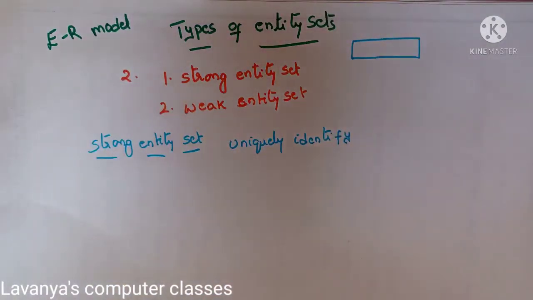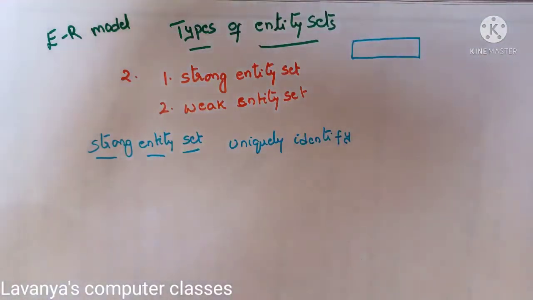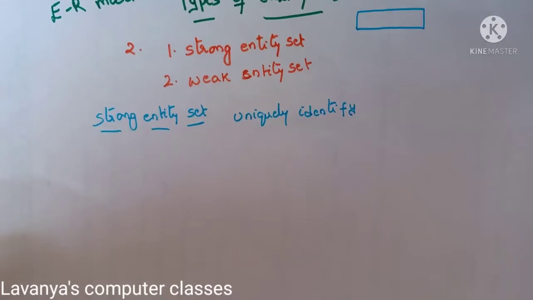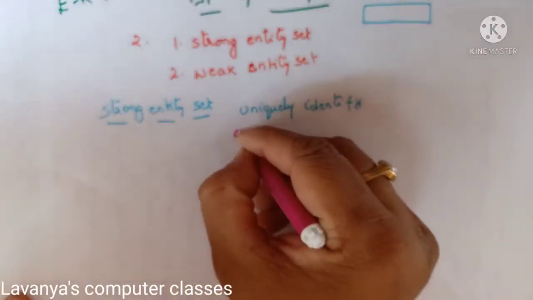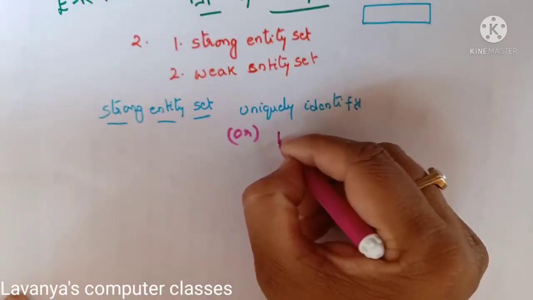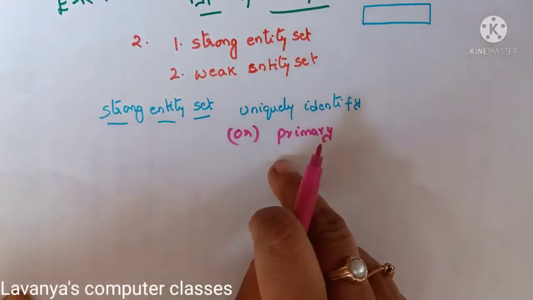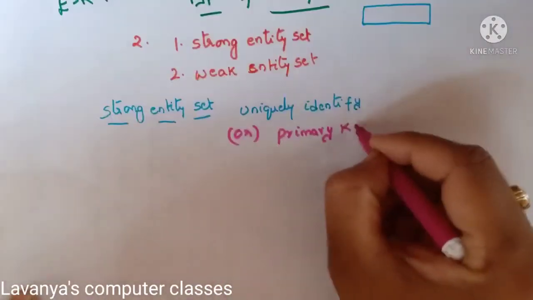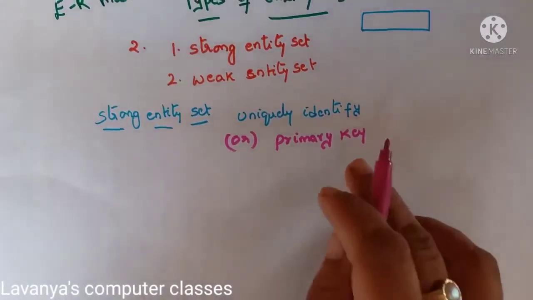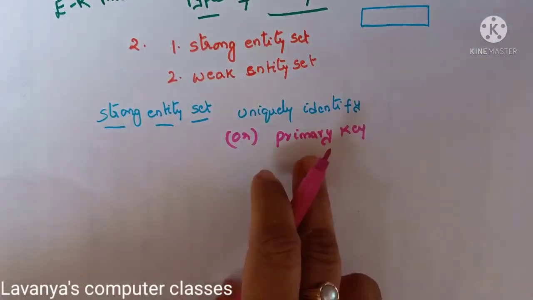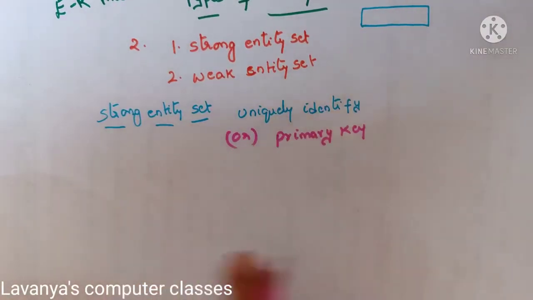Any entity set is uniquely identified by using some attribute, that is called the primary key, and that is called a strong entity set. Or simply, any entity set that has a primary key is also called a strong entity set. So what is the use of primary key? The primary key is used for uniquely identifying the entities of the entity set.